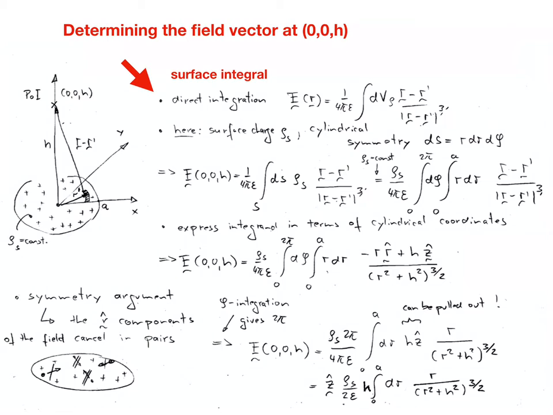In this case, the integral is a surface integral over the surface charge density ρs. The geometry of the charge distribution is cylindrical. Therefore, we use the polar surface element r dr d phi. Since the surface charge density is constant, it can be pulled out of the integral.